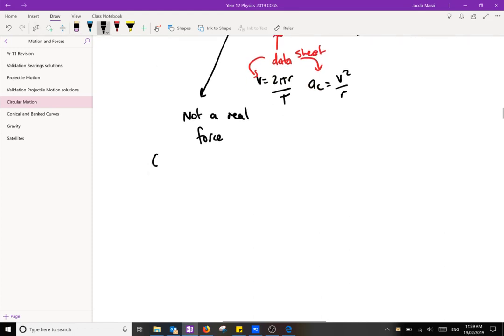It can be produced by any other force. So tension, friction, gravity, applied force, the normal force. Those are real forces that act. Centripetal is not real. There has to be something pushing or pulling or applying an actual force to produce that motion.